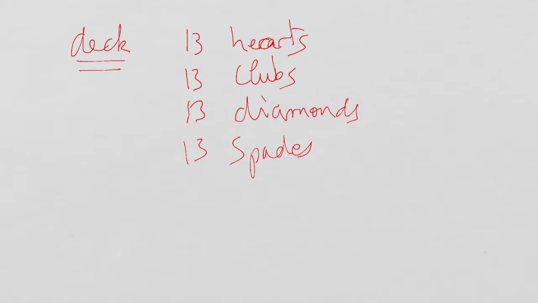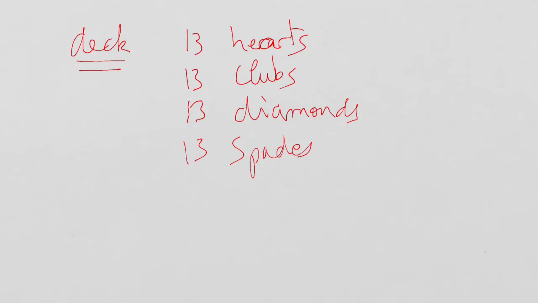Okay, so if I take a look at problem number 29. Oh, and by the way, let me go back once again. The hearts are red, the clubs are black, the diamonds are red, and the spades are black.